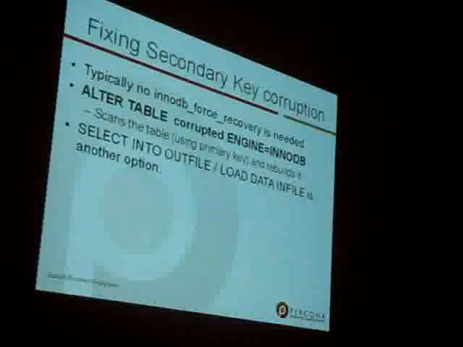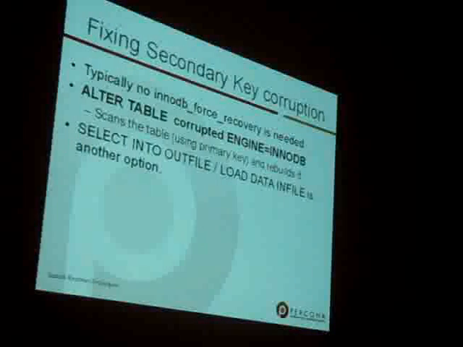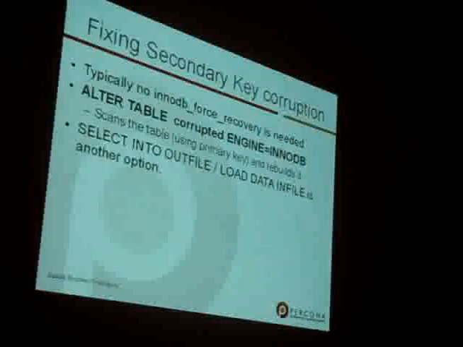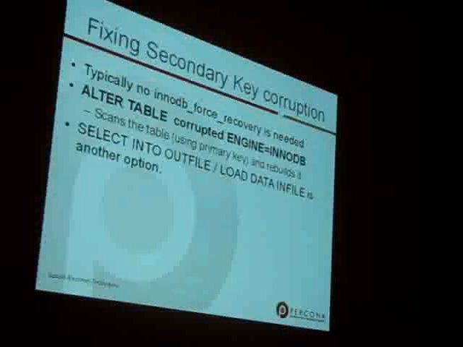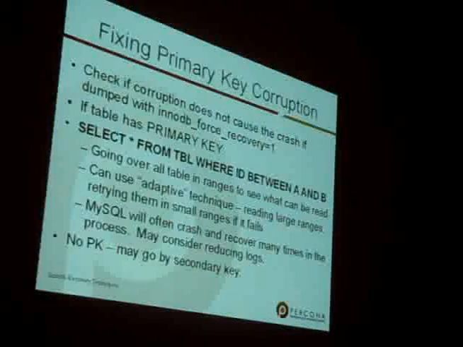So we already mentioned that secondary key corruption is the best thing to happen to you if you are worried about losing your data. You just do alter table, change the engine back to InnoDB, or select it into outfile, mysqldump, and then reload. That's that simple.